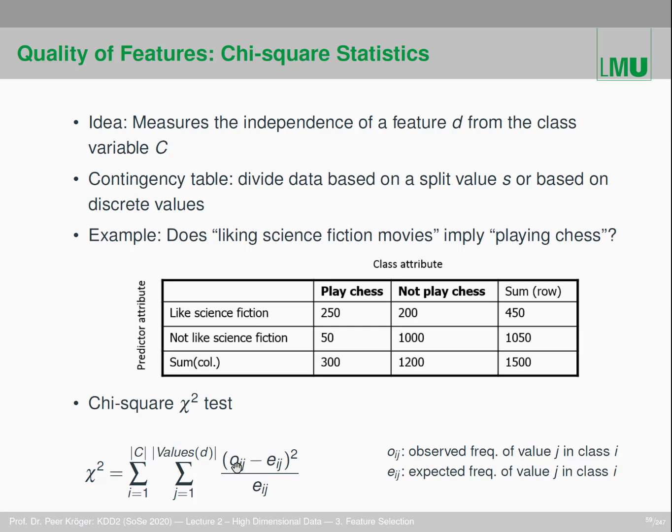Yeah, the more similar the observed values and the expected values are, the more dependent is the feature and the class variable, and that is perfect because you want to have a feature that has a high correlation, a high dependence with respect to the class variable. So smaller values of this chi-squared test are obviously better.